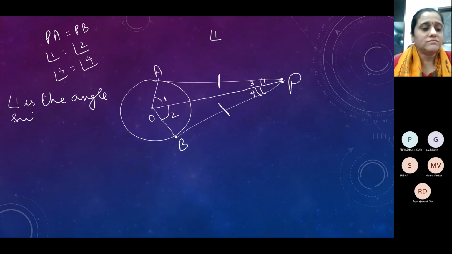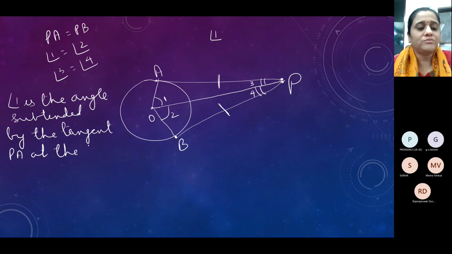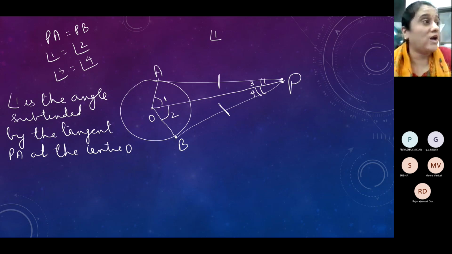You can just say tangent also. You don't have to say tangent segment. Tangent means here tangent segment only. Okay, so angle 1 is the angle subtended by the tangent PA at the center O. Now you'll wonder how.